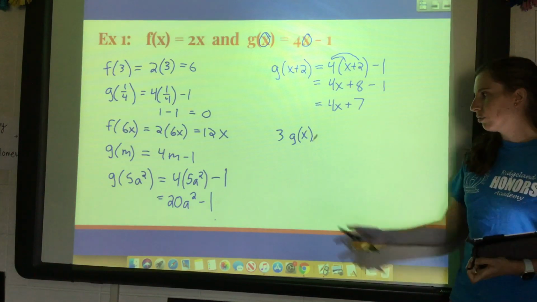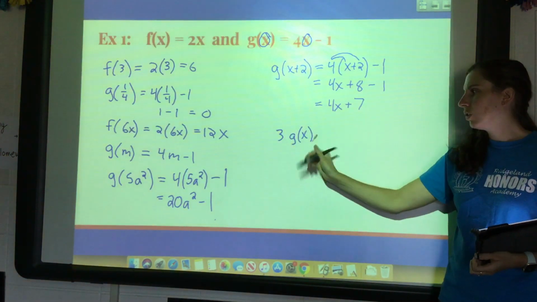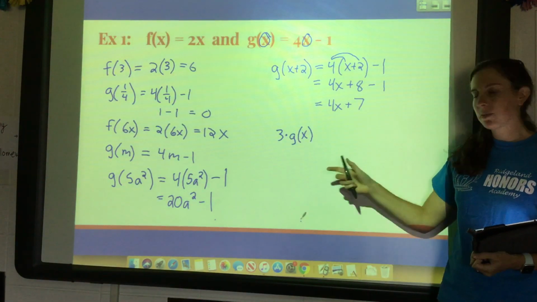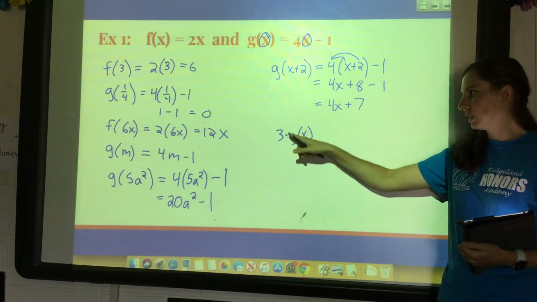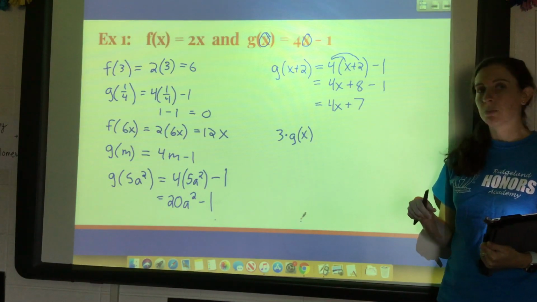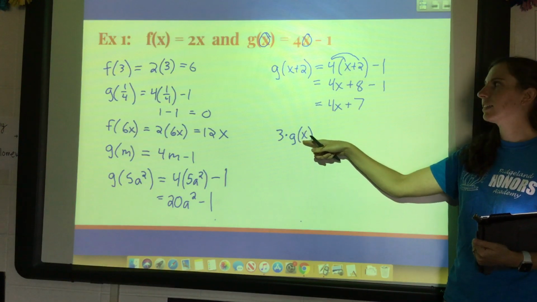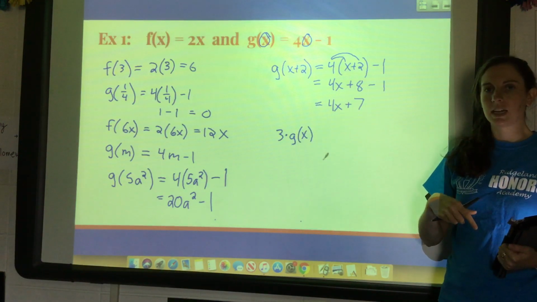Sometimes you'll see a number written right in front of a function, or maybe even with a dot there. You guys know anytime things are written right next to each other or written with a dot, it means to multiply. This means I'm going to take the entire function, g of x, and multiply it by 3.